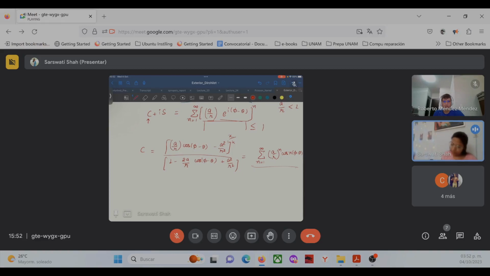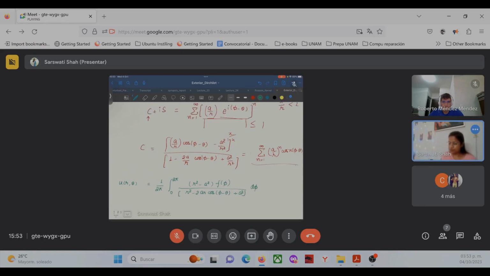So the solution can be written as, u of r comma theta is equal to 1 over 2 pi, integration 0 to 2 pi of r square minus a square times f of phi over r square minus 2ar cos of phi minus theta plus a square, d phi.